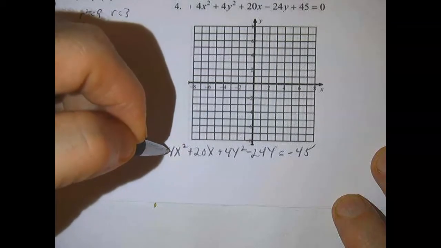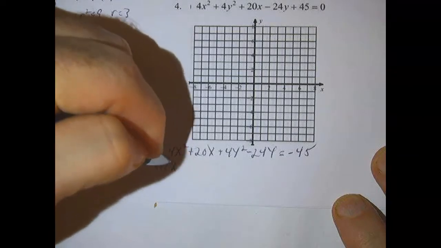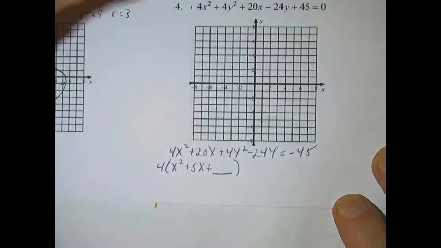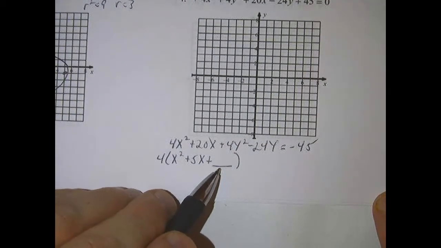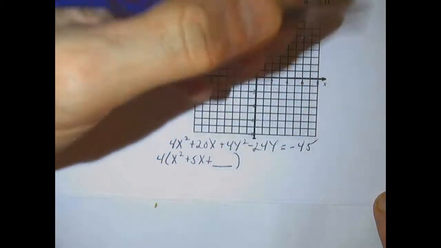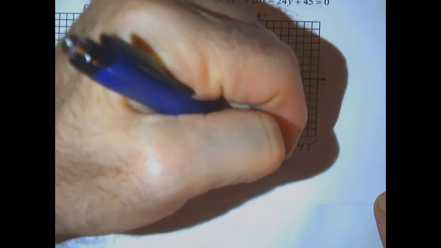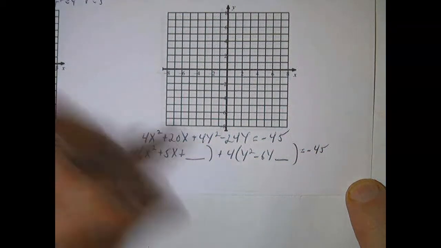Okay, let's take out the 4 and set it up to complete the square. So we have 4 times x squared plus 5x plus something to complete the square. And then I have another 4 over here, so plus 4 times y squared minus 6y, leaving space to complete the square, and that equals negative 45 plus whatever we added there, plus whatever we added there.